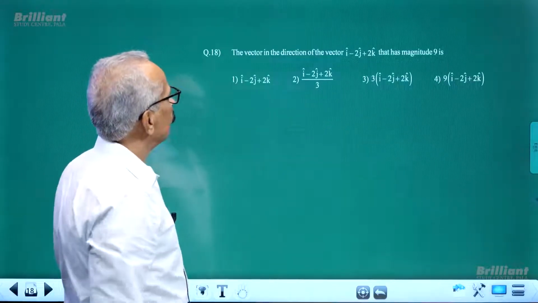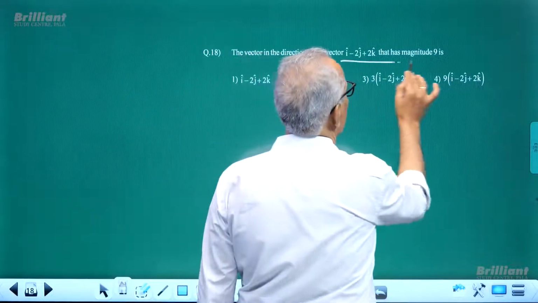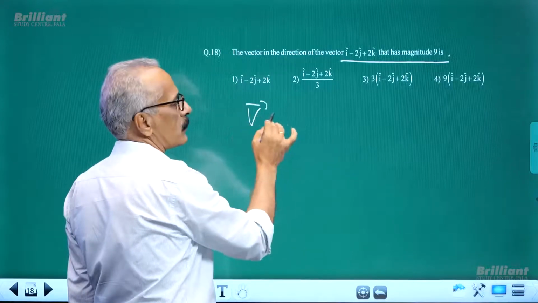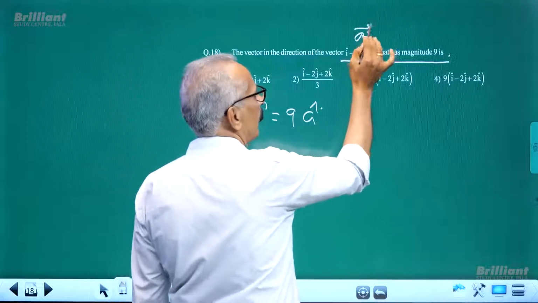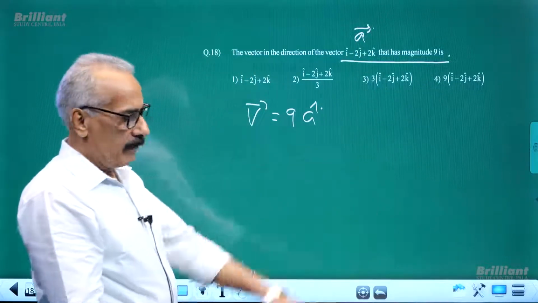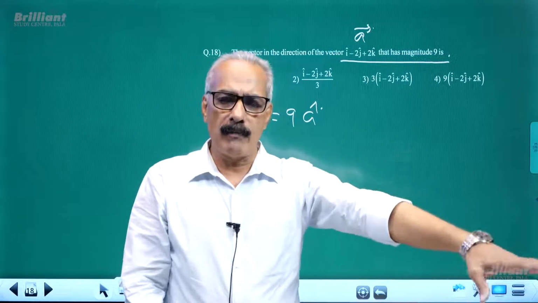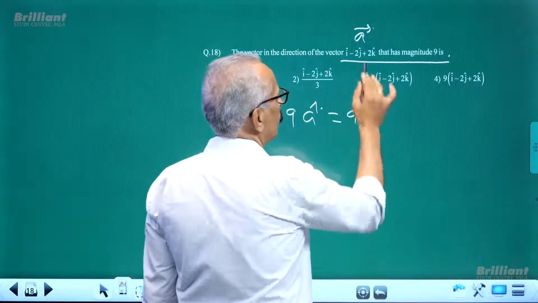Now, on to 18. The vector in the direction of the given vector and has magnitude 9, same direction. The required vector is equal to 9 times A cap. This is called vector A. A vector in the direction of A and having magnitude 9 will be 9 into A cap. What's your A cap?